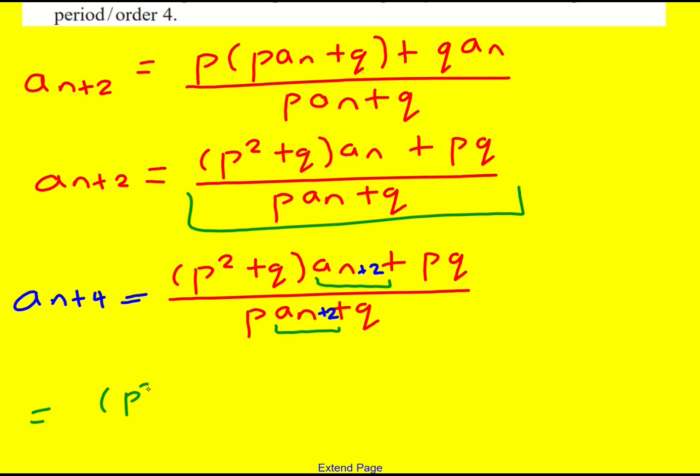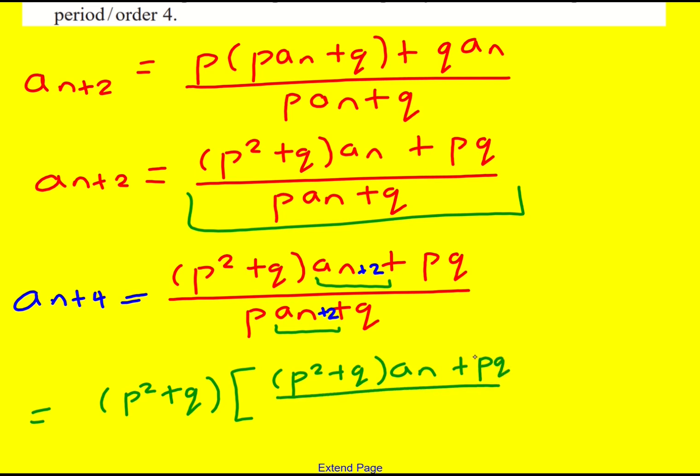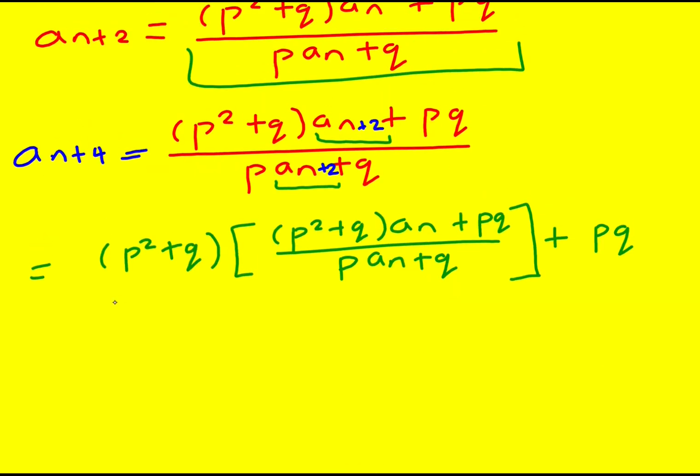So we've got p squared plus q multiplied by, in a big bracket, (p squared plus q) a_n plus pq, and then plus pq. Oh, but that's not being multiplied by the p squared plus q. Okay, so make sure we close that bracket. All over p times that same thing again.